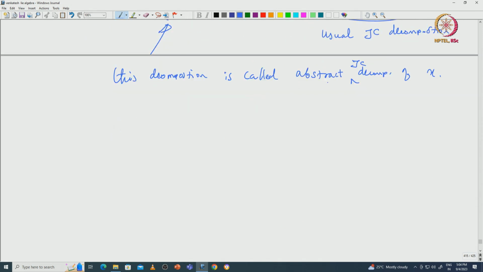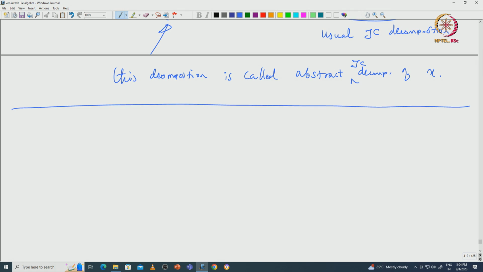Later we will see that if we start with G being a linear Lie algebra which is also semisimple, then there is a usual Jordan decomposition for each element of G. In that sense, we can ask whether the usual Jordan decomposition and the abstract Jordan decomposition coincide or not. It is a fact that they coincide. So, indeed we do not get two different decompositions. That is the beauty of this entire theory.